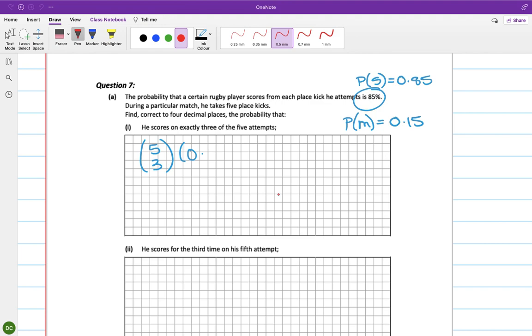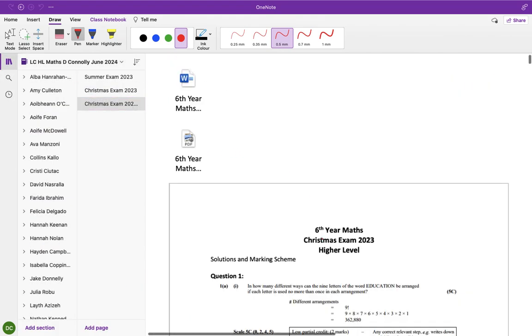And the probability of missing is 0.15 and we need him to miss twice. So I'm getting 0.1382 to 4 decimal places like we were asked.